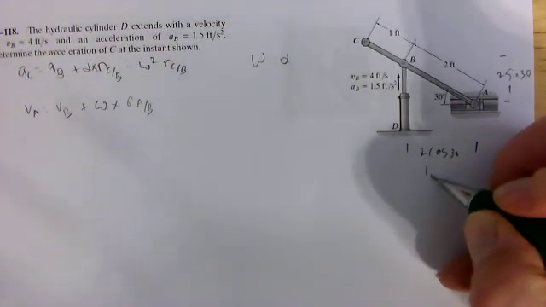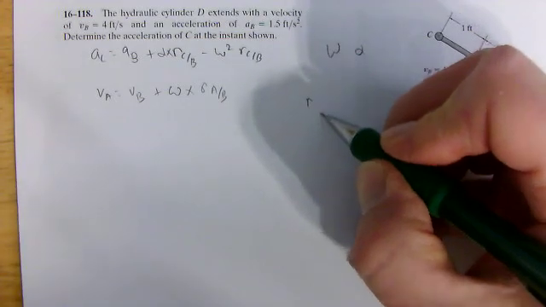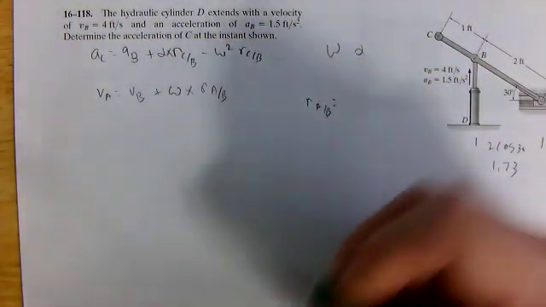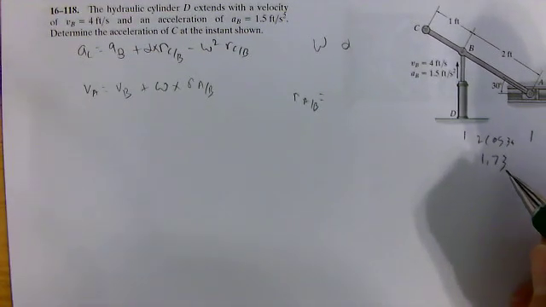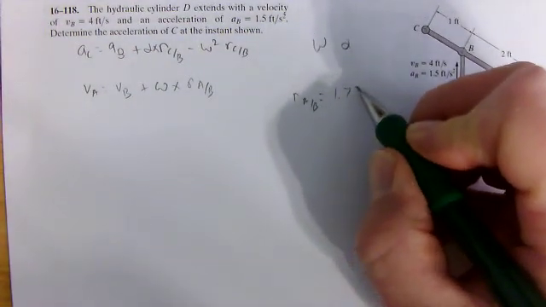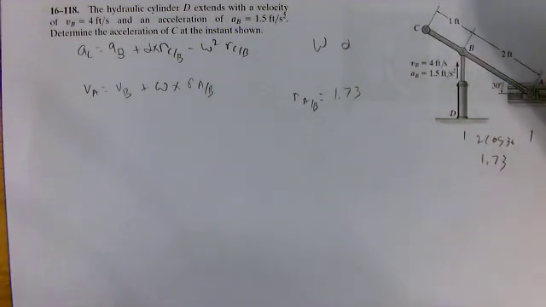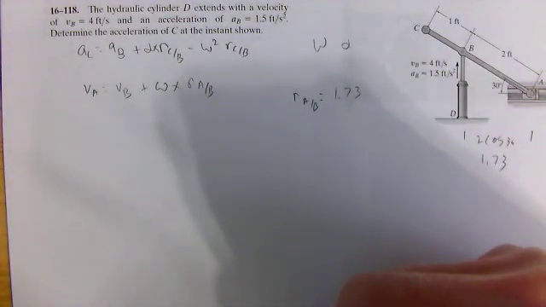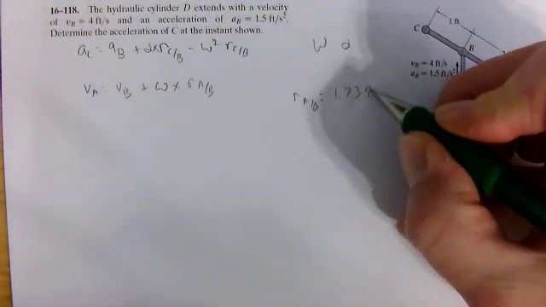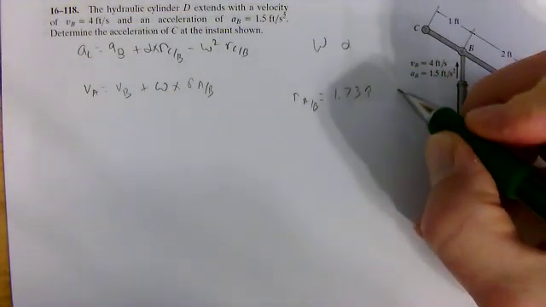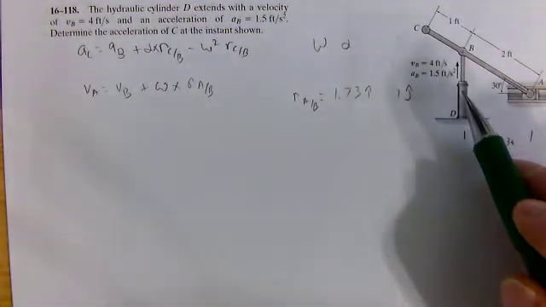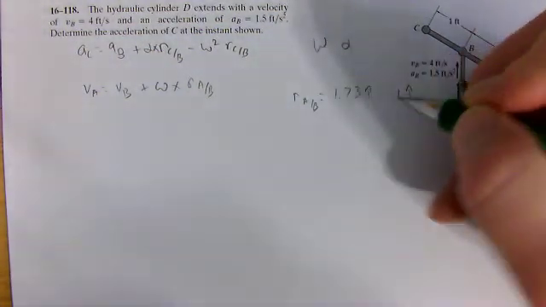So RAB is 1.73 in the I and negative 1 in the J. Now we went from B to A, so this would be positive and this would be negative.